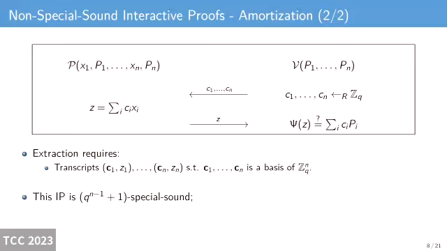Only if we have at least that many accepting transcripts do we know with certainty that they must contain a basis of this challenge space. Well, this is useless, because typically q is exponentially large, so this will render your knowledge extractor inefficient.